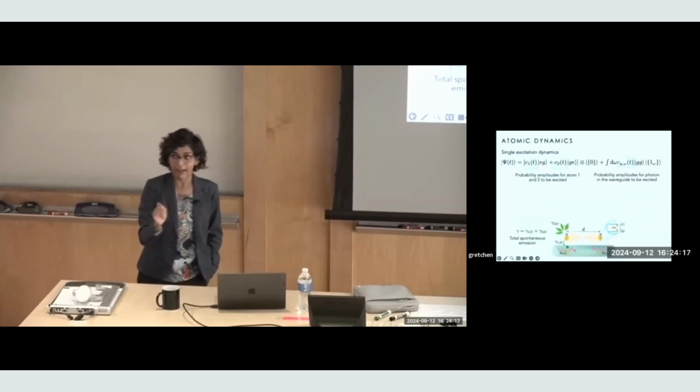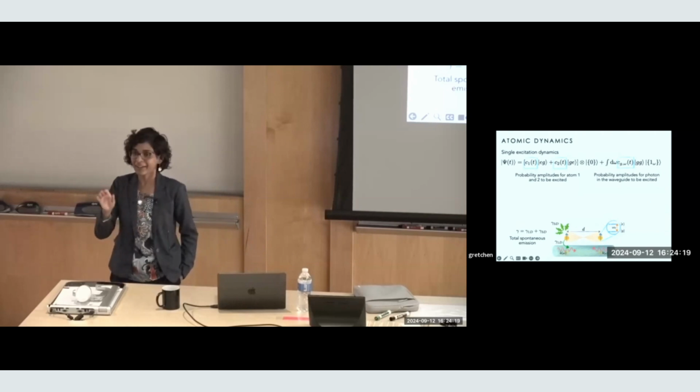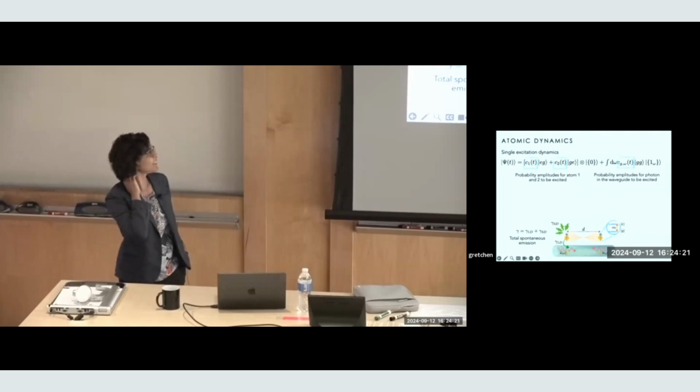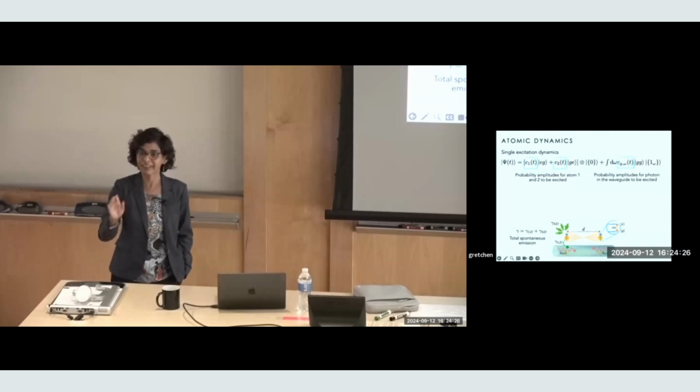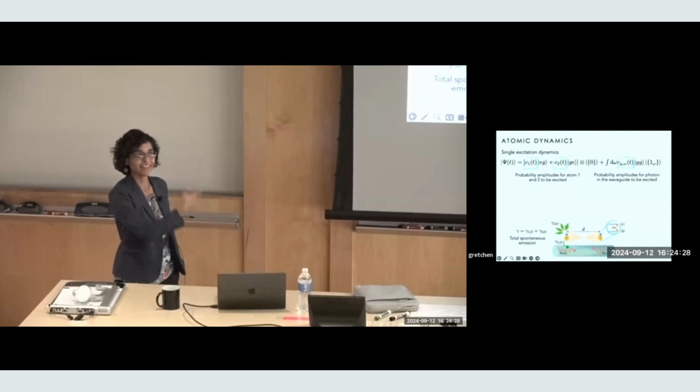Now I'm going to show you some math, but I promise that this is not math just for the sake of math. It will, I hope, lead to some understanding of the physics behind this problem.